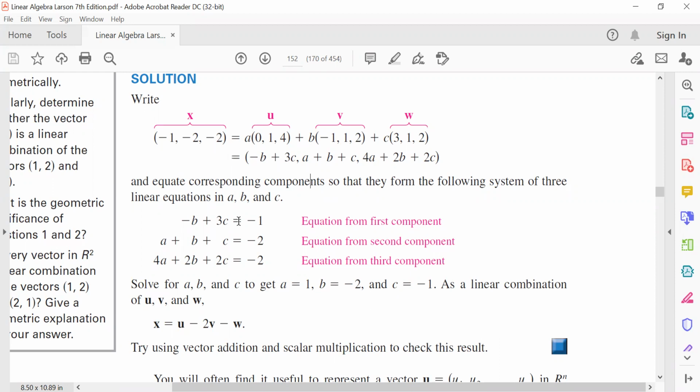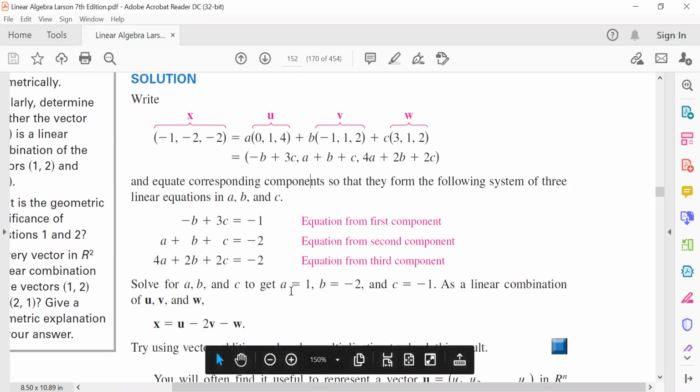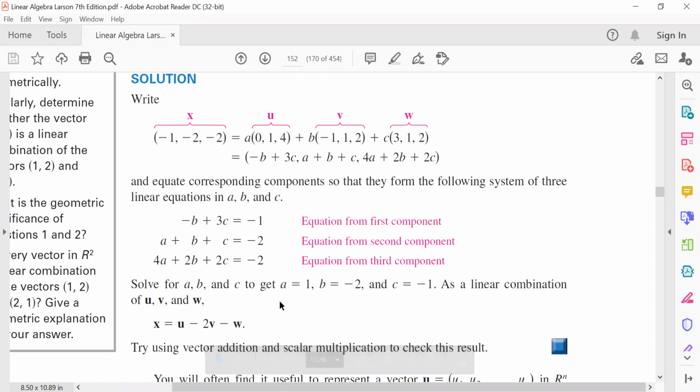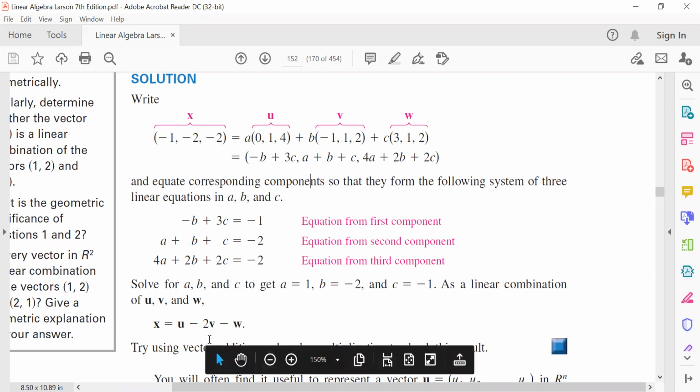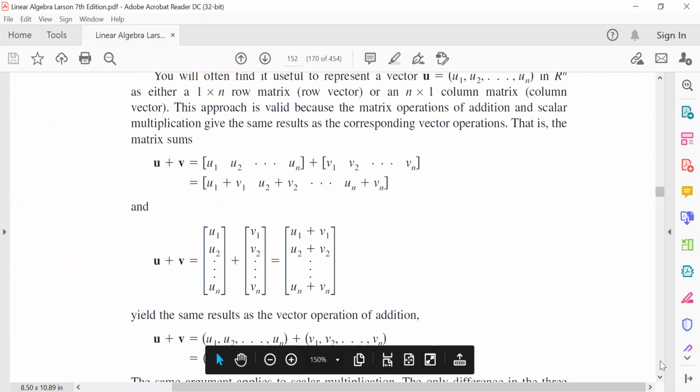So I actually have now 3 equations in 3 variables. Solve those any way you want, and you're going to wind up getting a is 1, b is -2, and c is -1. Just solve this, and you'll see that. So therefore, I could say that my vector x is equal to u minus 2v minus w, which is a linear combination of u, v, and w. That's exactly what we're trying to do here.